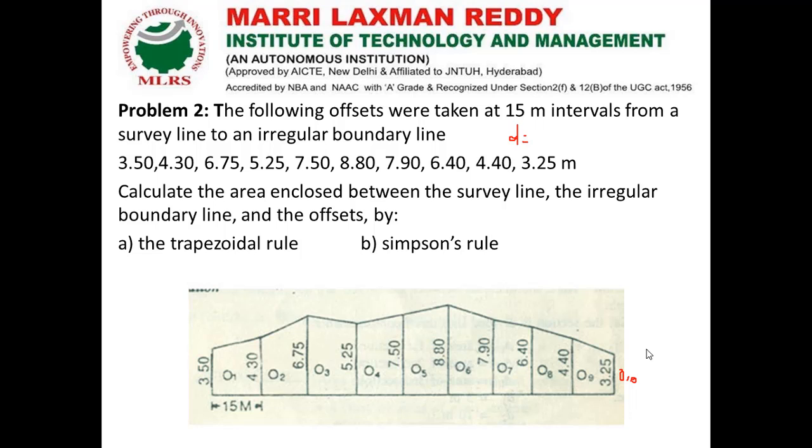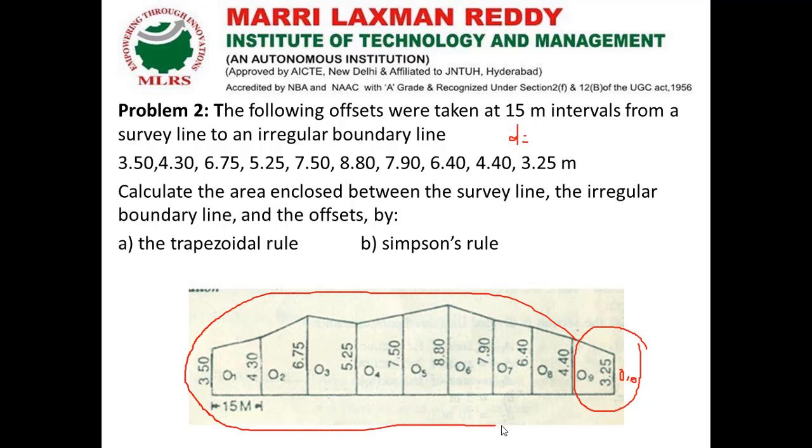At that time we have to calculate two times the area. This is our first part, which consists of the odd ordinates, so that is applicable for Simpson's rule.